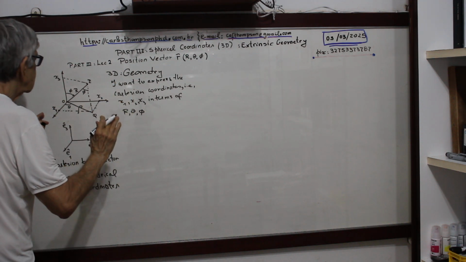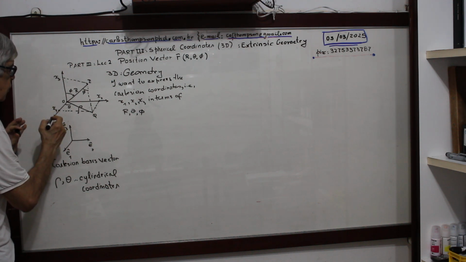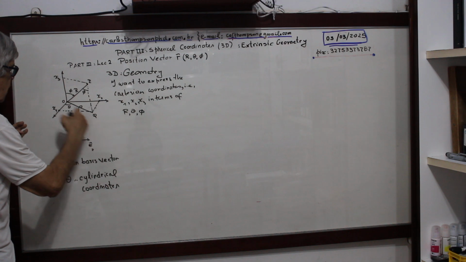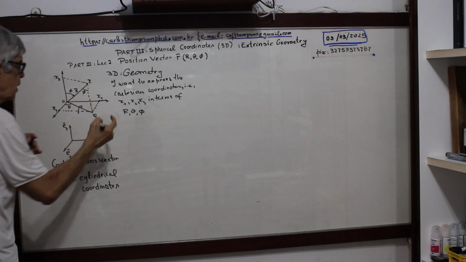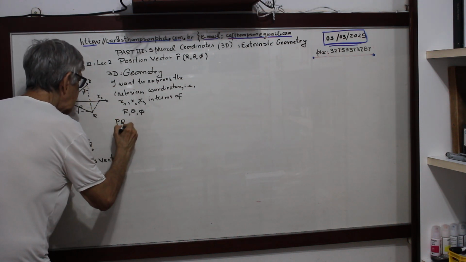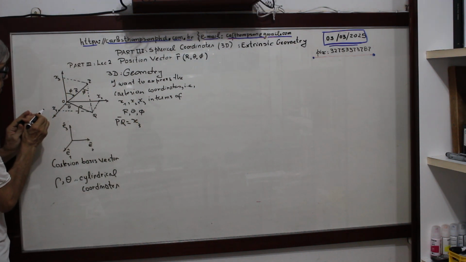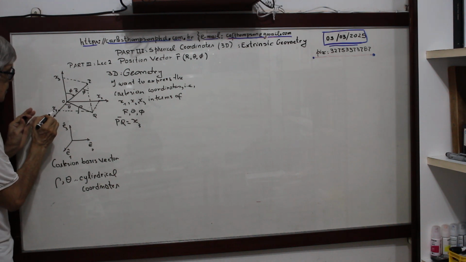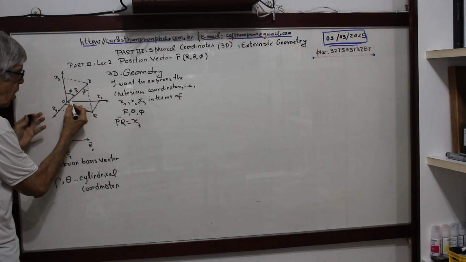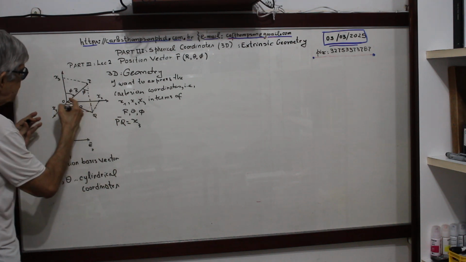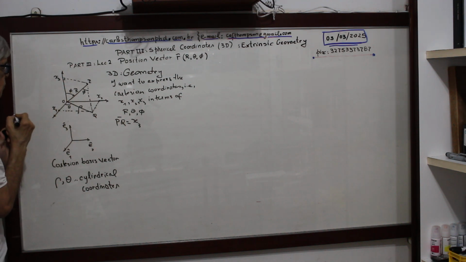It's quite easy. Now, you can see clearly on this figure that PQ is the x3 coordinate. You look at the figure, PQ is x3. So the x3 coordinate is just OP cosine of phi, because this is pi over 2.